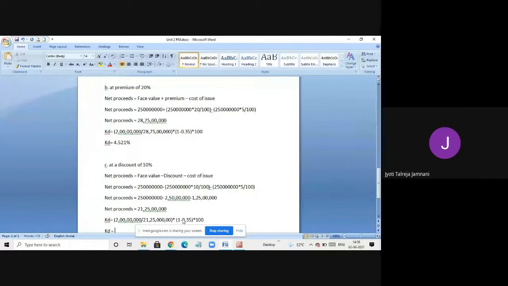Cost of debt is equal to 6.11% after tax. Anybody else got the same answer? Okay, so it is 6.11%.